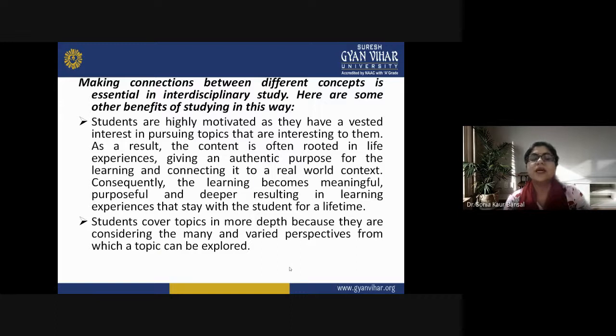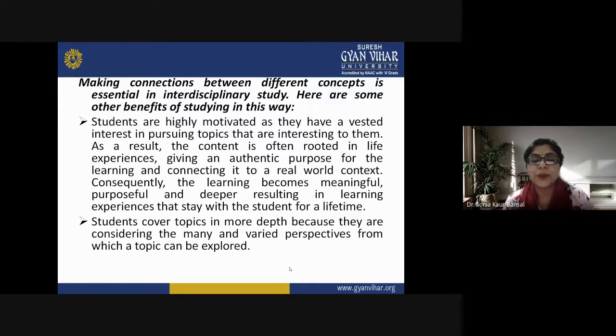Students are highly motivated as they have a vested interest in pursuing topics that are really very interesting to them. They find them very appropriate and suitable to their interest. So what would happen as a result? The content is often rooted in life experiences, giving an authentic purpose for the learning and connecting it to a real world context.